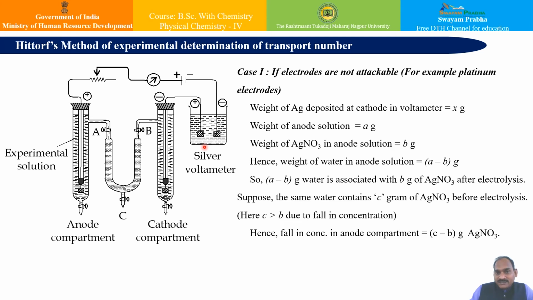It is very necessary, because unless we know the standard strength of the solution, it will become difficult for us to calculate the loss or gain of a particular ion in the given compartment at later stages. Therefore the standardization of the electrolytic solution is very important.